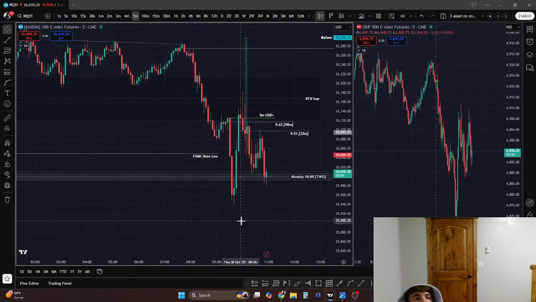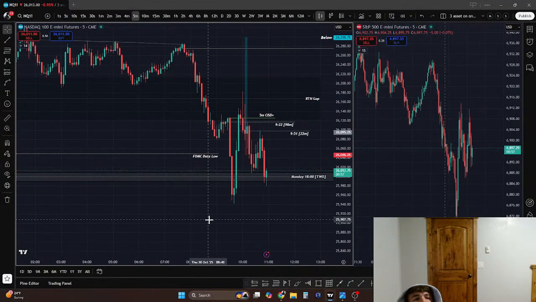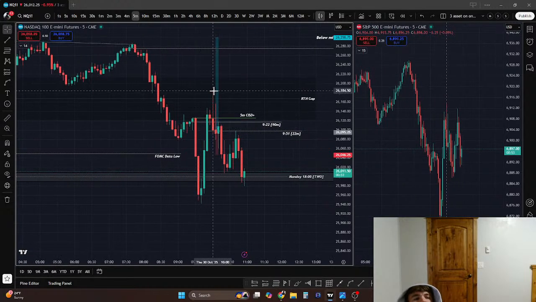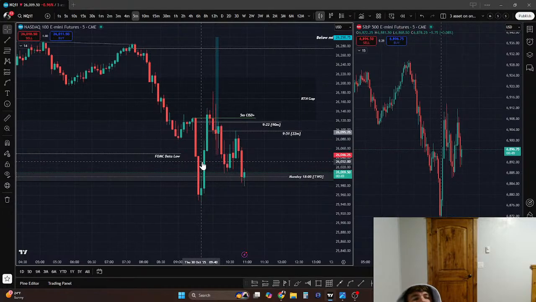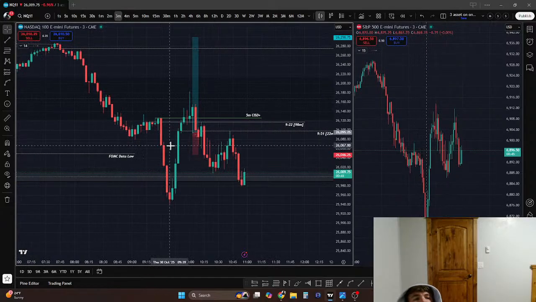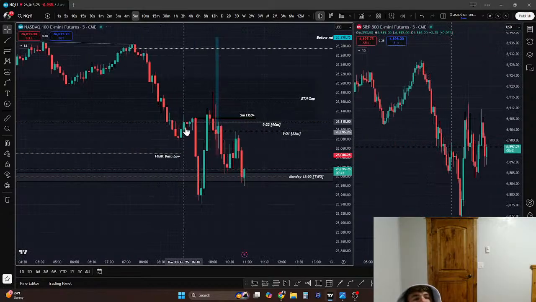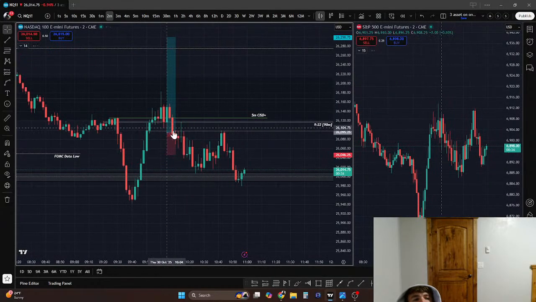What is there to say about this trade? Well, first of all, I don't like the way we sweep and we close lower. Maybe should have given more consideration into that. But at the time, I didn't see this close because 10 o'clock hadn't closed yet.